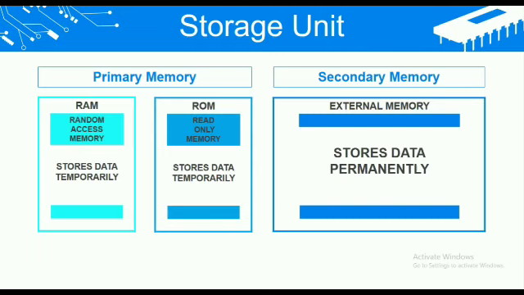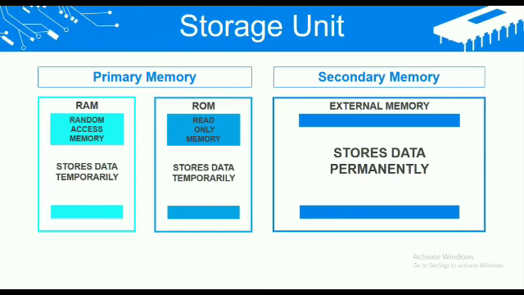Now let's see the storage unit. As the name says, this unit is used for storage purposes. You know the various storage devices. There are two types of memory associated with the storage unit. They are primary memory and secondary memory.